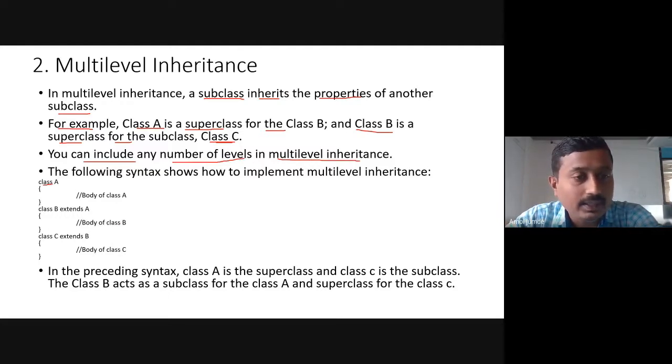So class A is our normal class. Nothing is there. B is extending A, and C is extending B. So you will have that hierarchy. So I will draw here.